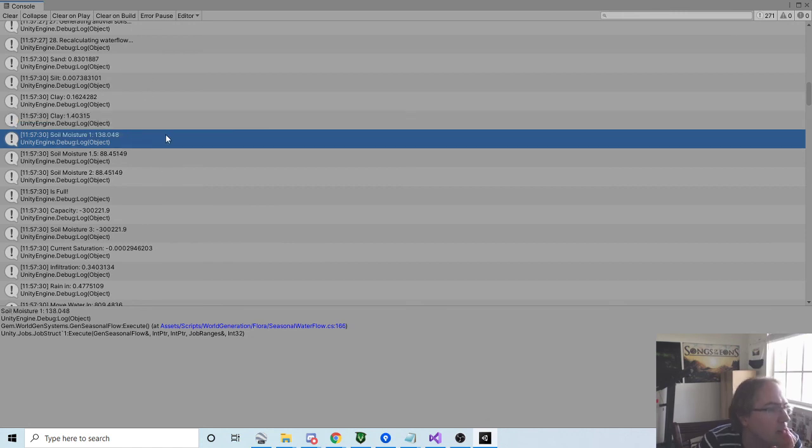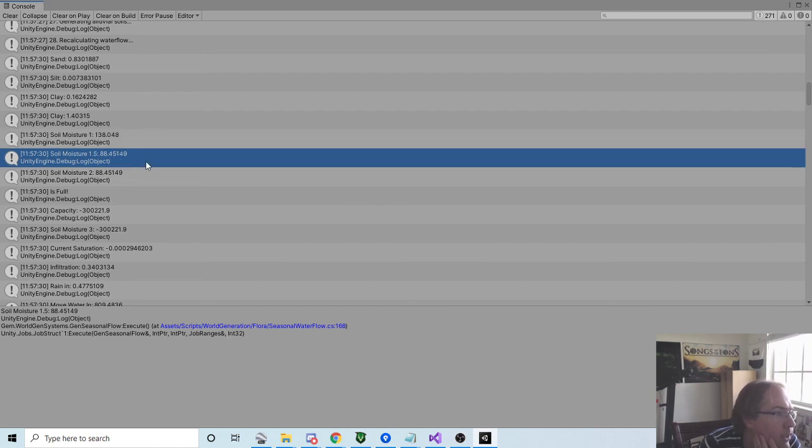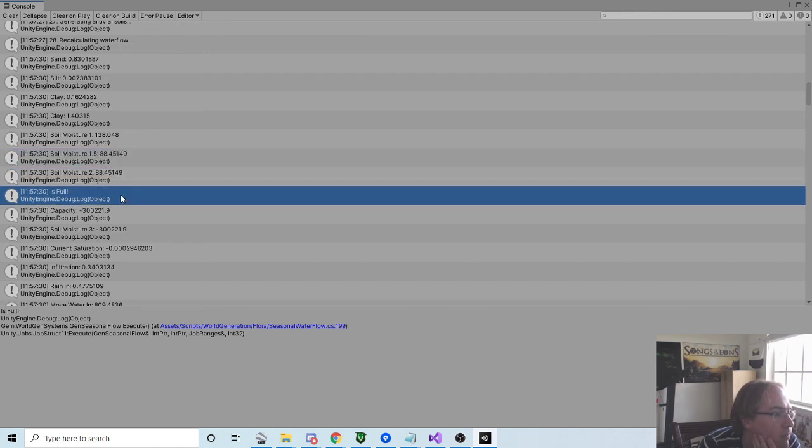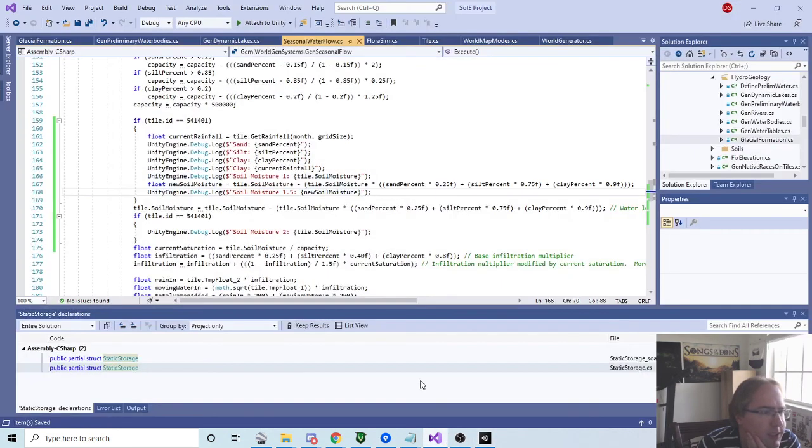Right. Okay. So then we drain some away, and that's the remainder. What? And it says capacity is full, and then capacity gets thrown into negative.